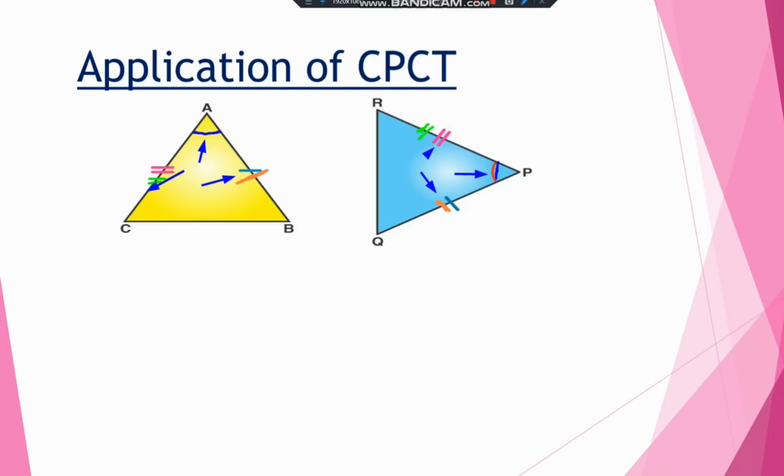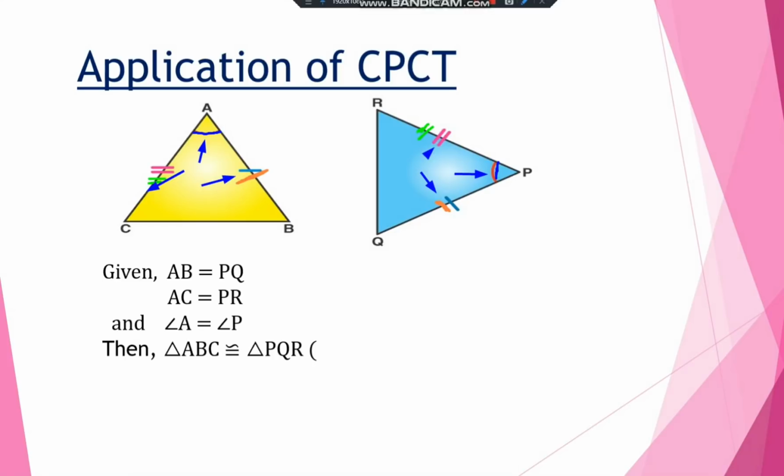So SAS in the first triangle is equal to SAS in the second. So by SAS the two triangles are congruent. Here given is AB equal to PQ, AC equal to PR, and angle A equal to angle P. So triangle ABC is congruent to triangle PQR by SAS rule.